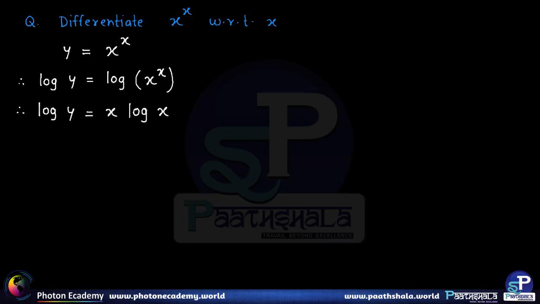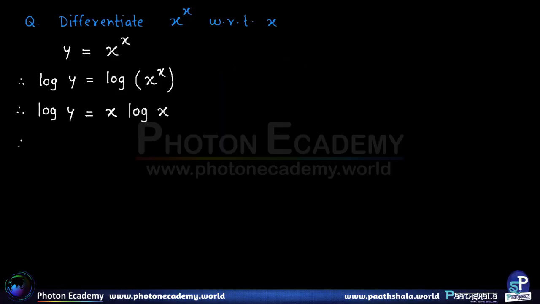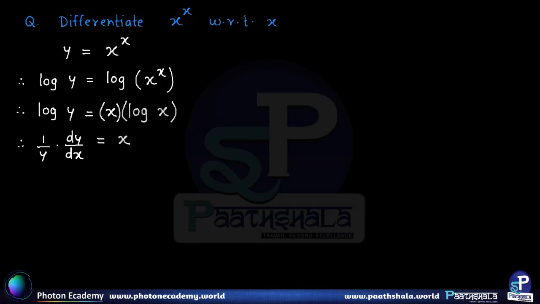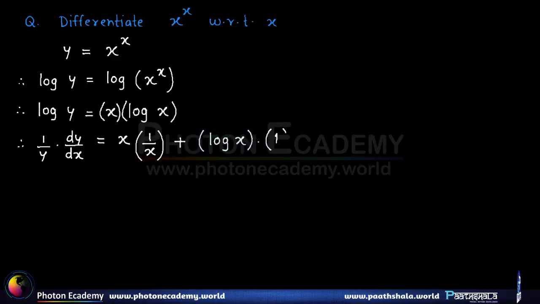Now the next process is the differentiation. Now we differentiate both sides with respect to x. So the derivative of log y is 1 upon y into the derivative of y, is equal to, now on the right hand side we see that we have a product of two functions, so we use the product rule, that is first function x into the derivative of second function, and the derivative of log x is 1 upon x, plus second function as it is, which is log x, into the derivative of first function, that is the derivative of x, which is nothing but 1.